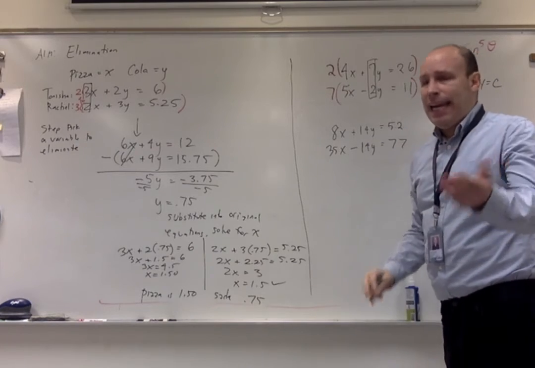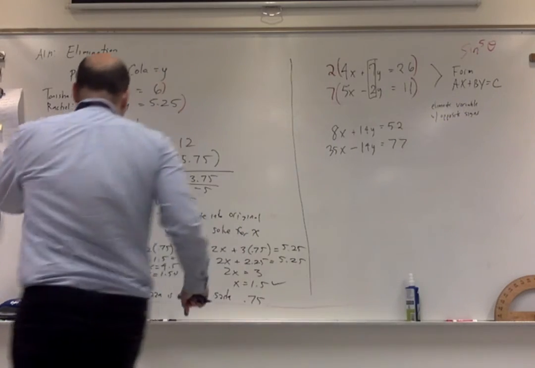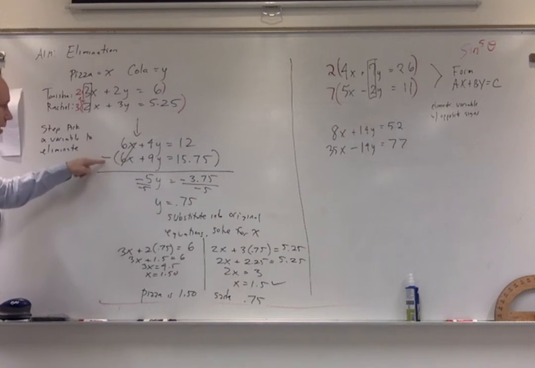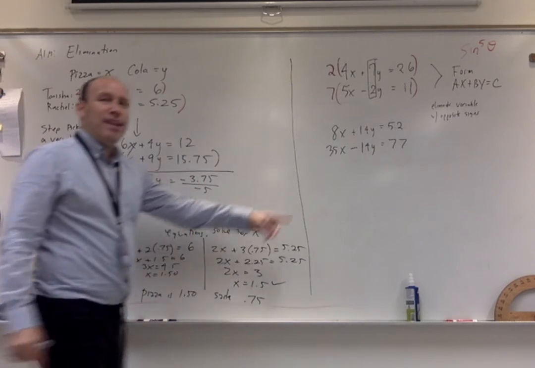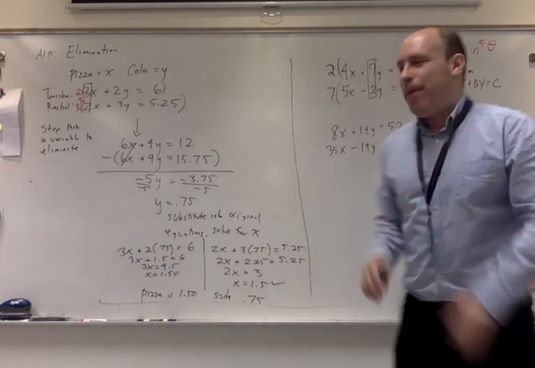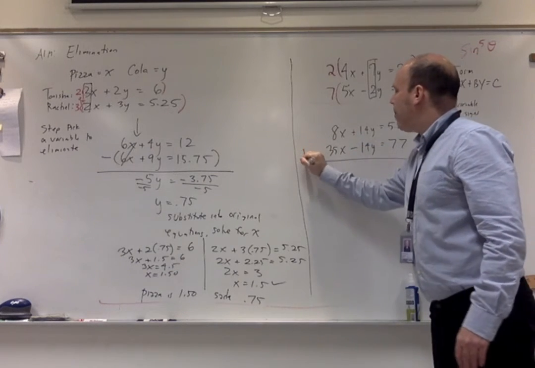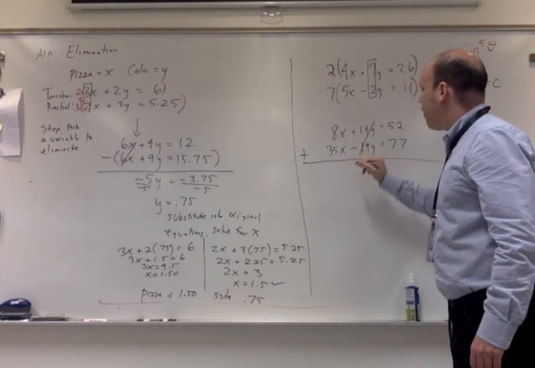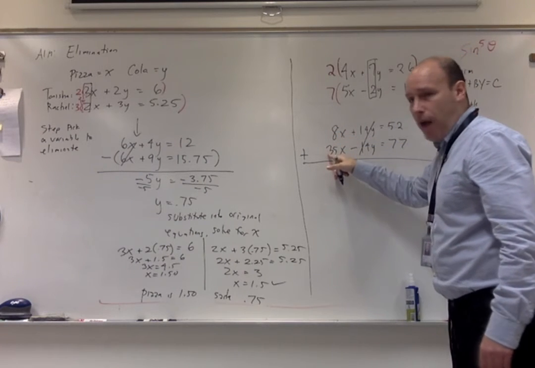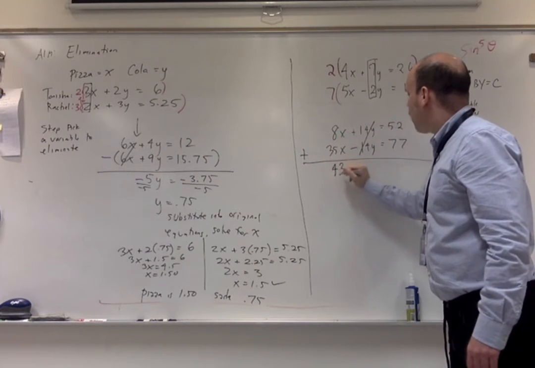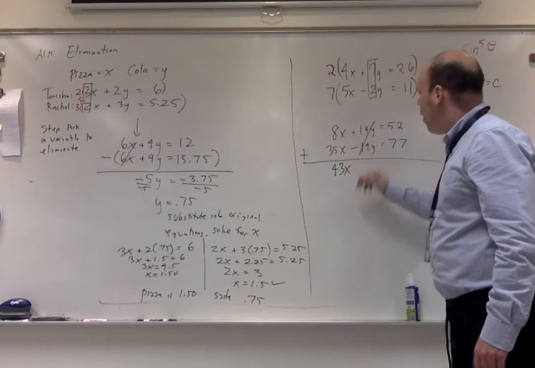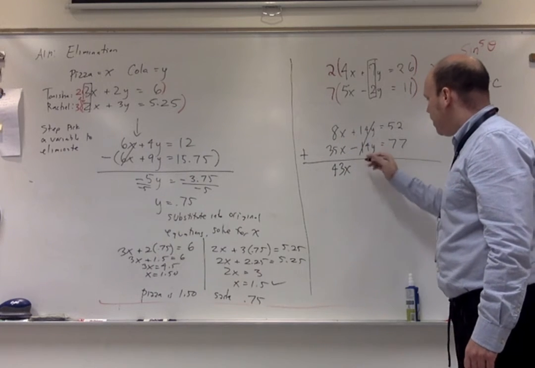I need to eliminate. In the last way, I subtracted 6x and 6x and I got 0. But in this case, I like this better because I can add a number and its opposite. Adding a number and its opposite gets rid of it. So 8x plus 35x is 43x. 14 plus negative 14 is 0.